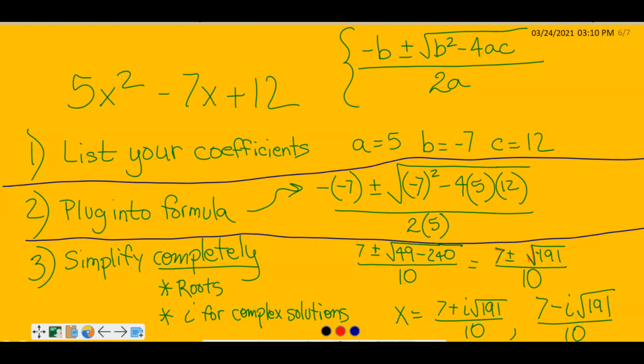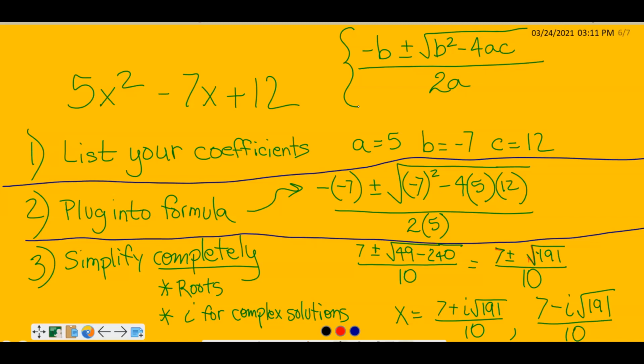You know that about me. So, but here it is, negative b plus or minus the square root of b squared minus 4ac, all divided by 2a. Step 1, list your coefficients. Go through these steps. Don't skip them. You will be glad that you didn't.